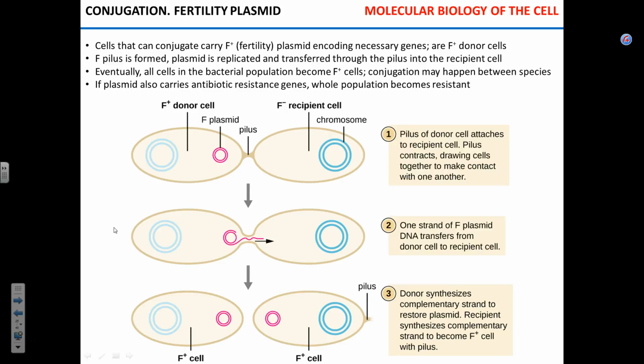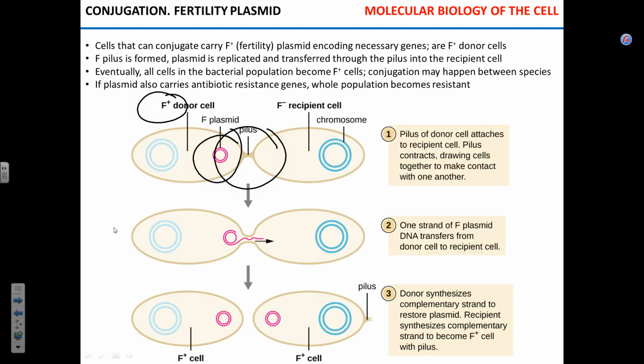So in this case, you have donor and recipient cells. The donor cell is also called F positive. F stands for fertility. The donor cell possesses the fertility plasmid. This plasmid not only has the capacity to get transferred, it stimulates the formation of the so-called fertility or F pilus.